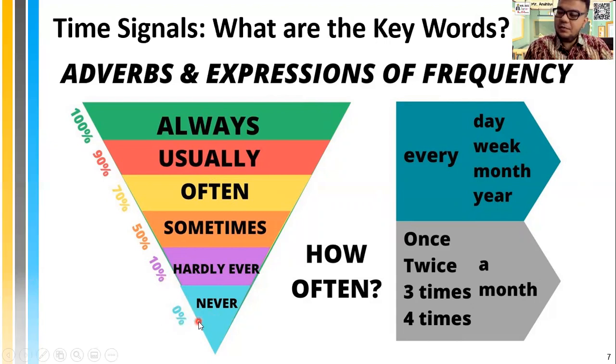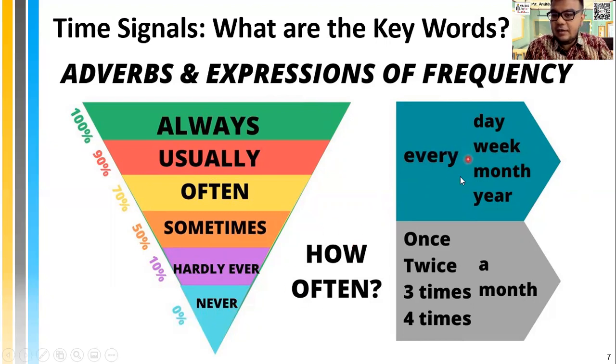Never is zero. So for example, I never drive a car. For example, if you are below 17 and you don't have a driver's license, I never drive. Something that you never do, right?